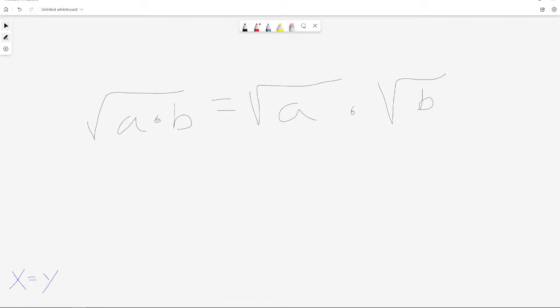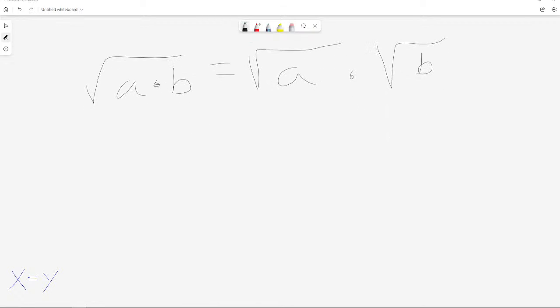So why is that important? Because when we have something like the square root of 8, well, 8 doesn't have a perfect square root, or perfect square factor. 8 is not a perfect square.